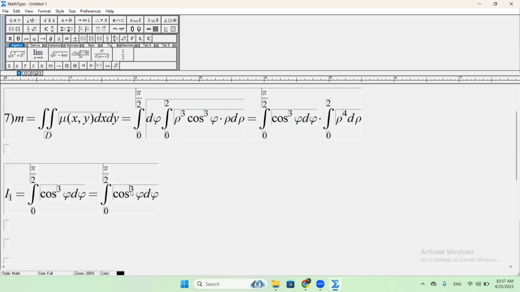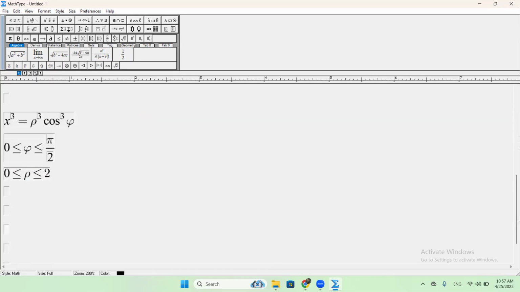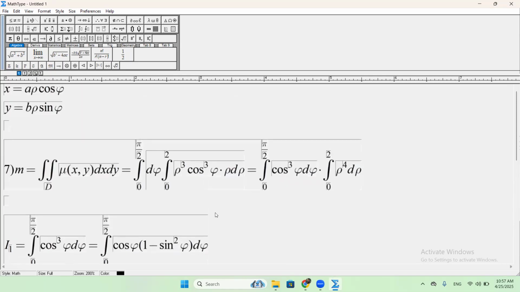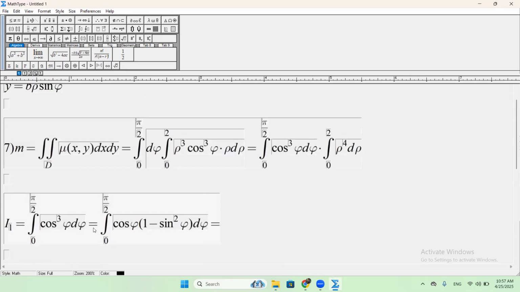Cosine of phi multiplied by 1 minus sine square of phi. Then we will move cosine of phi under the differential.